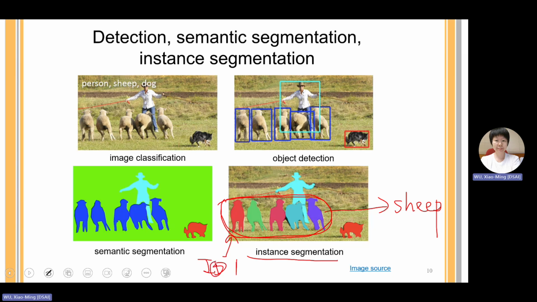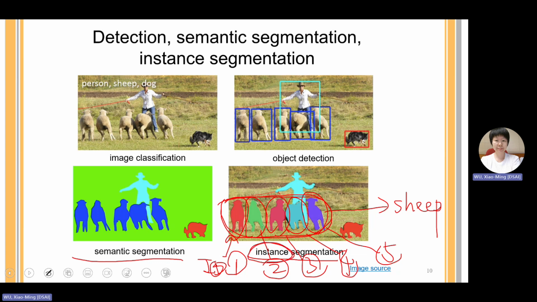For example, sheep 1, sheep 2, sheep 3, sheep 4, and sheep 5. So we need to assign a unique ID to each distinct object. We need to put a mask on each to differentiate the individual objects. So that's the key difference between semantic segmentation and instance segmentation.